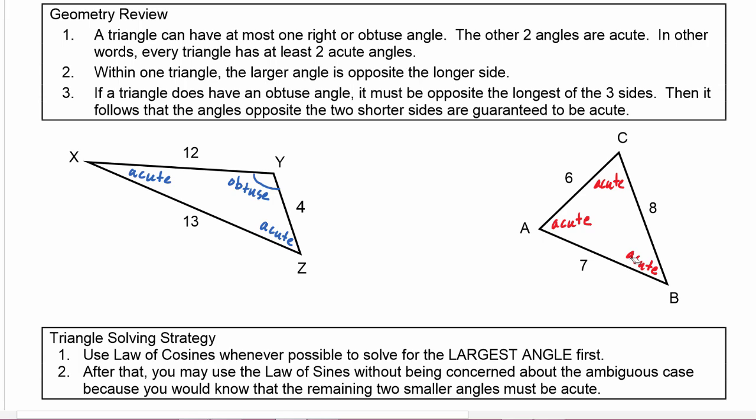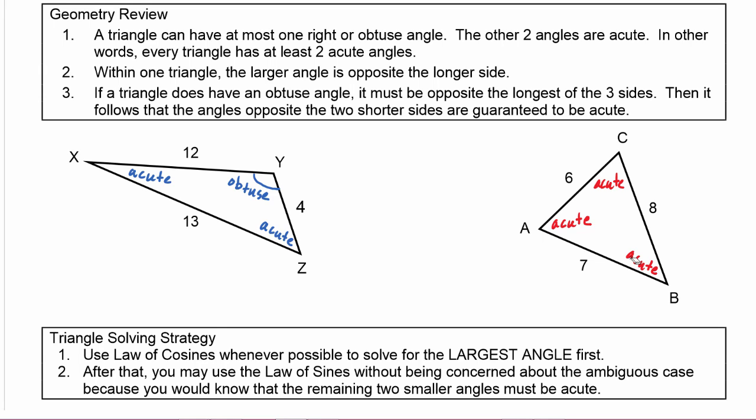Now, the biggest angle may be obtuse or it may be acute. We don't know just by knowing it's opposite the biggest side. When we use the law of cosines to solve for an angle, we will know immediately, with no ambiguity, whether or not that angle is acute or obtuse.